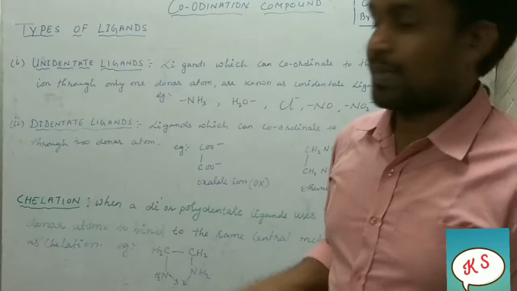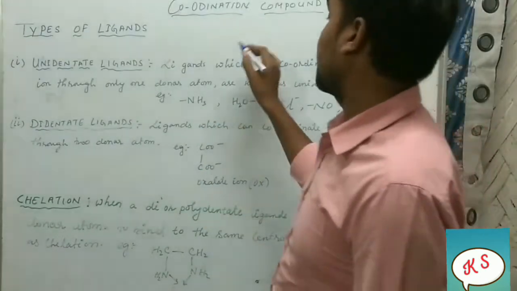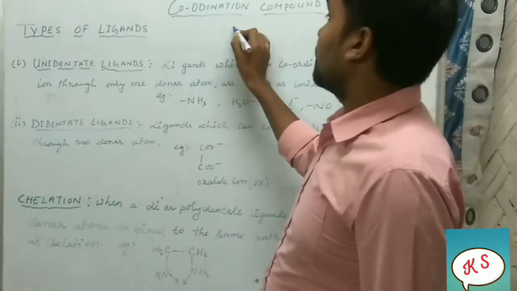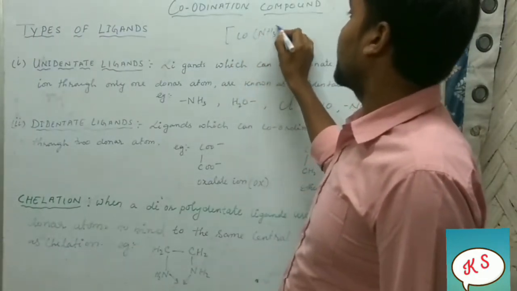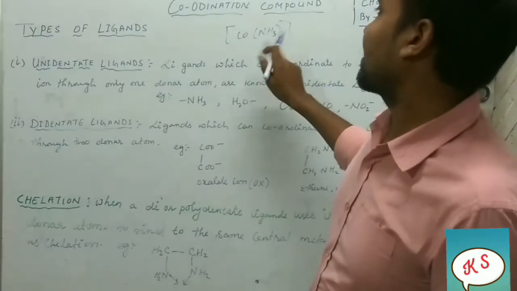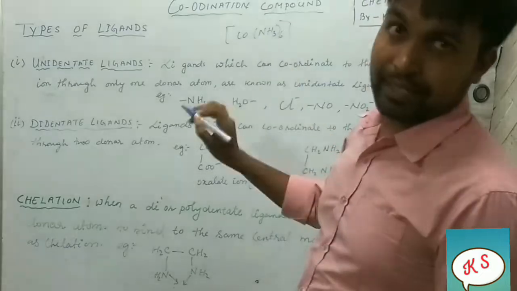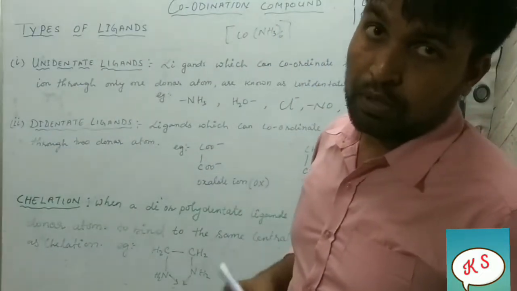Some common examples are NH3. For example, I will let you understand in an easy way. For example, Co(NH3)6. You can see clearly hydrogen does not have the capability to form coordinate bonds.